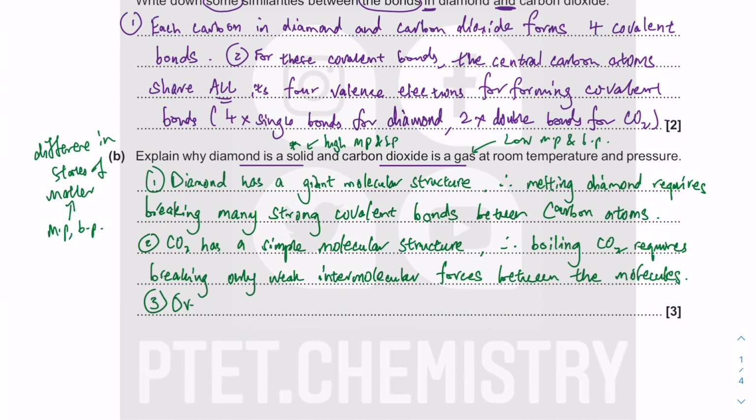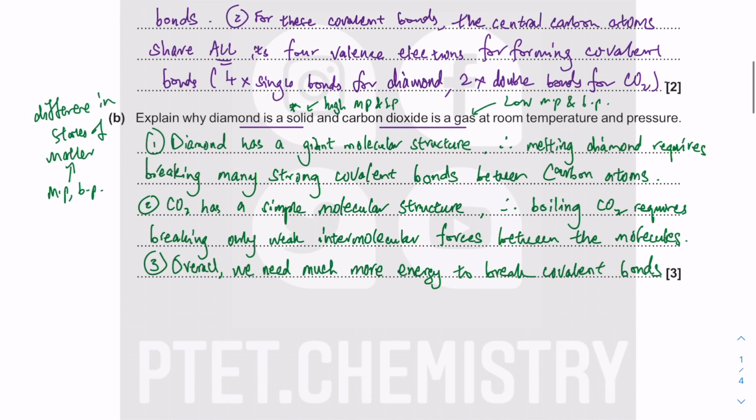Overall, we need much more energy, or much more energy is required to break covalent bonds. In fact, the many covalent bonds within the three-dimensional giant covalent structure, then breaking weak intermolecular forces.